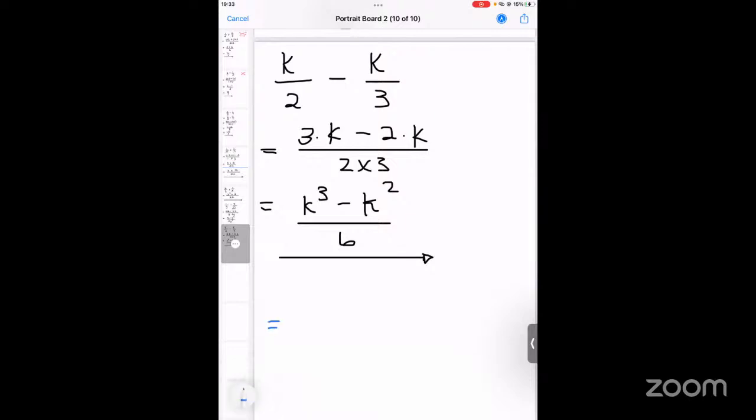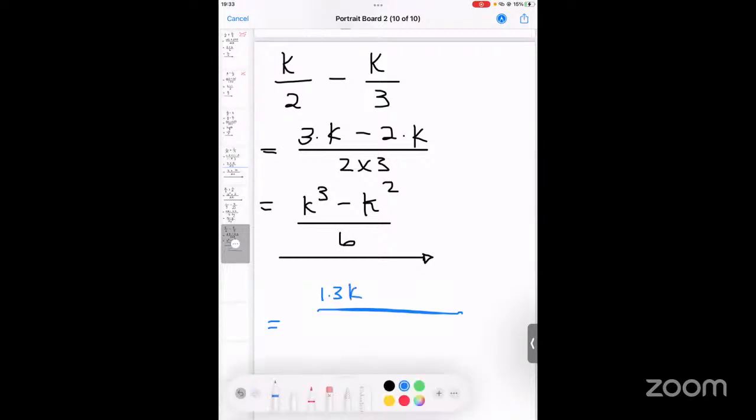Maybe before we get to the final answer, can you explain how you ended up getting k over 6? Okay, so I put the big fraction bar. So the numerator, it's going to be the invisible 1 multiplied by 3 times k.